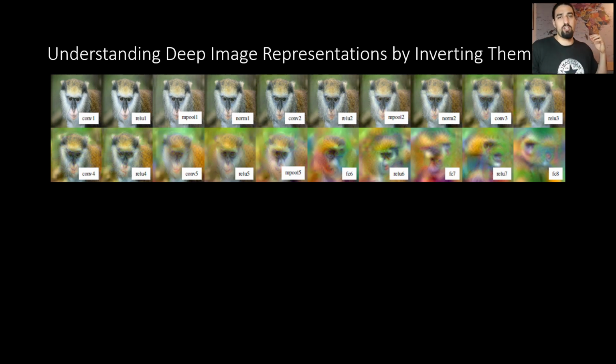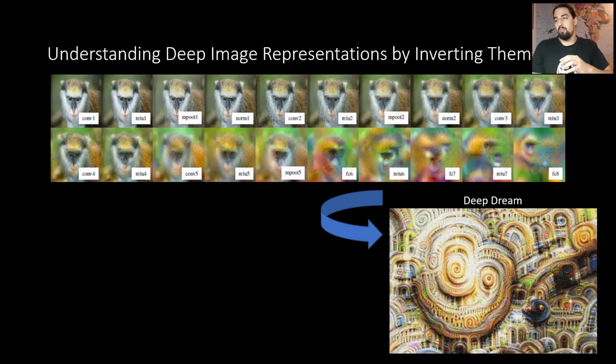This work was pretty much the inception point for the creation of the Deep Dream algorithm by the Google guys. And if you're not already familiar with it, Deep Dream just gives you all of these psychedelic-like images by exploiting what is called the pareidolia effect. So what it does on a high level is this: whatever the network sees in certain feature maps, it just says, hey, whatever you see, give me more of it.